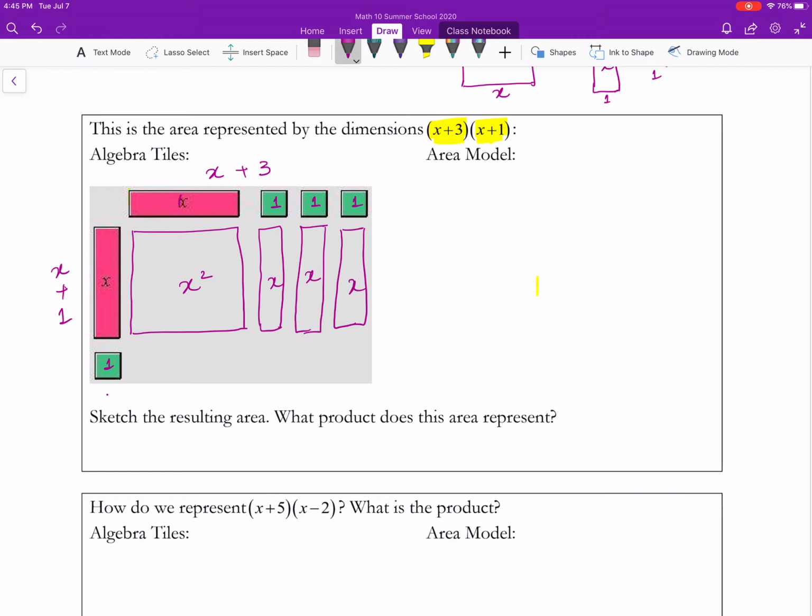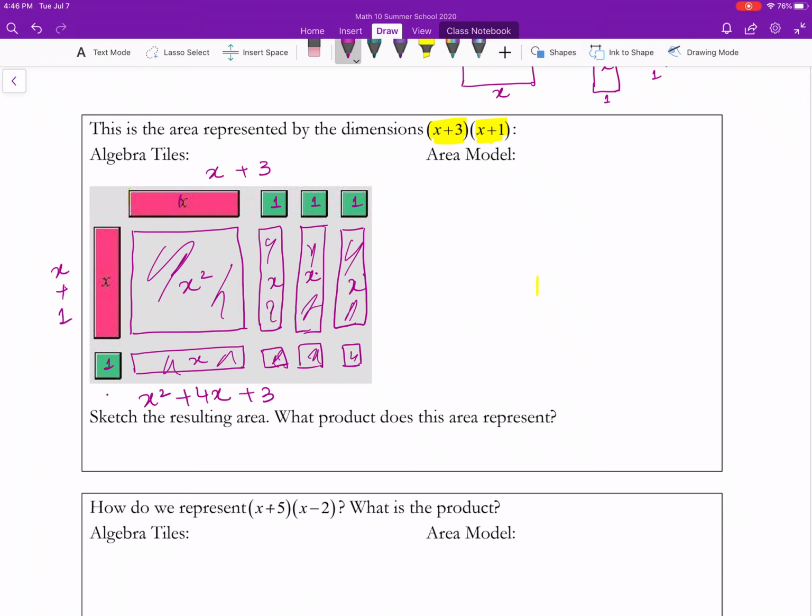Now 1 times x is also x, so there's again a rectangle tile. 1 times 1 is 1, so small squares here. I'm going to shade these tiles because the shaded tiles mean they're positive. So let's see. I have x squared. How many rectangles are there? 1, 2, 3, 4. So plus 4x. And how many small tiles are there? 1, 2, 3. So plus 3. The shaded ones mean they are positive tiles.